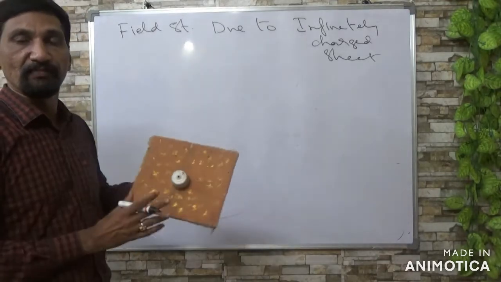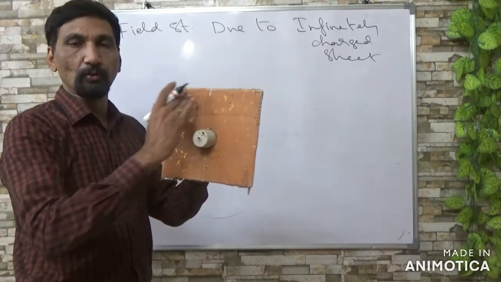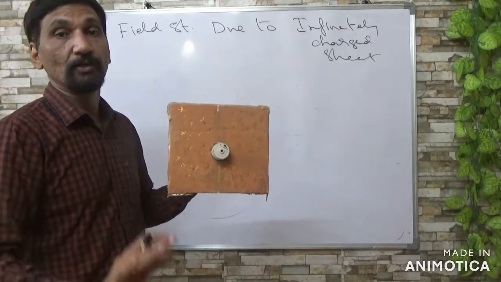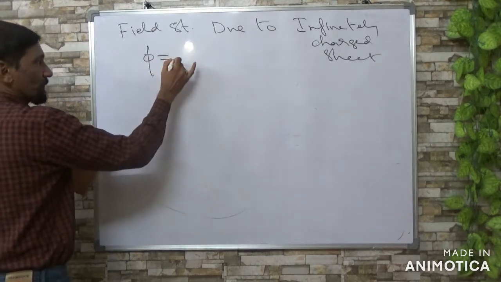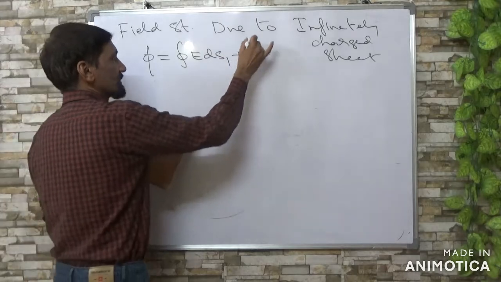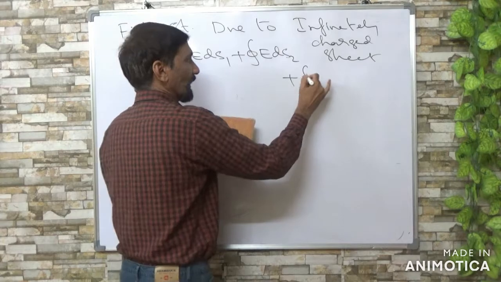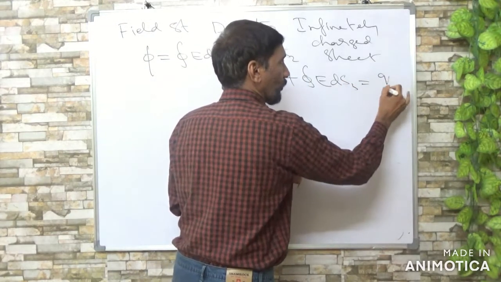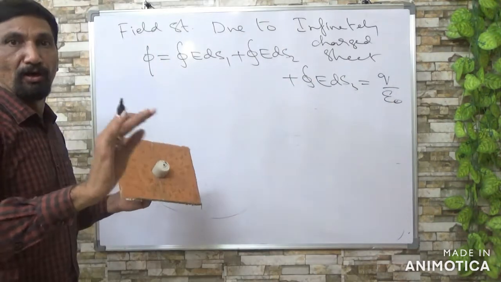There are three surfaces now, in this case also 1, 2, 3. So a total of 3 surfaces are there to integrate. The line integral of E·dS1 plus the line integral of E·dS2 plus the line integral of E·dS3 is equal to, according to Gauss law, Q by epsilon naught.